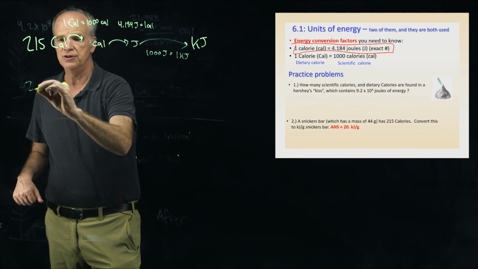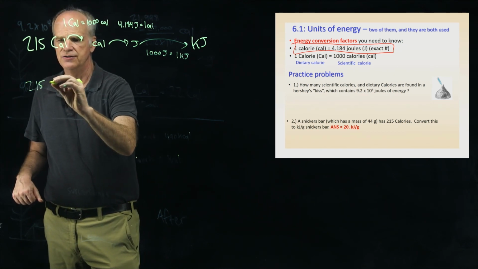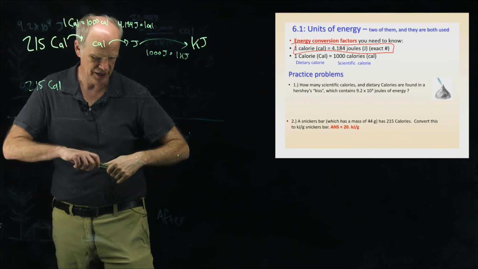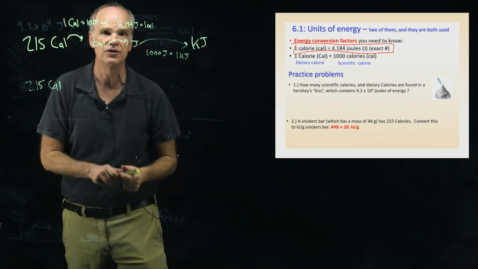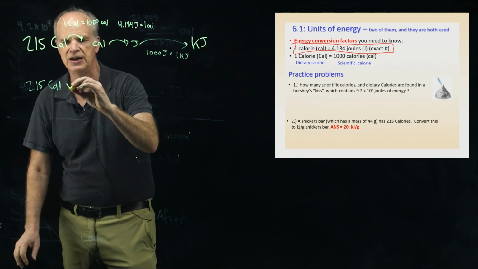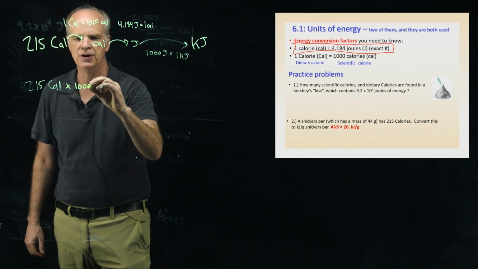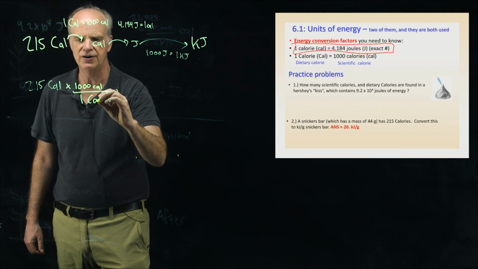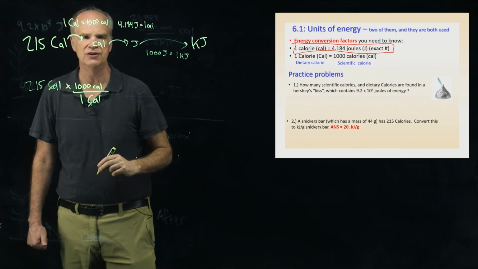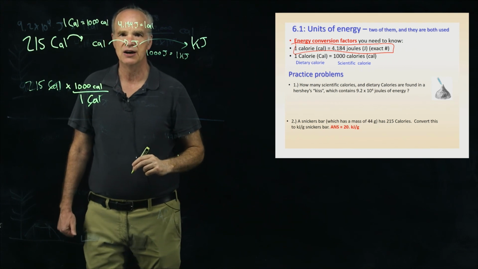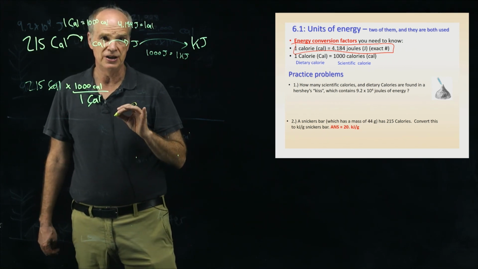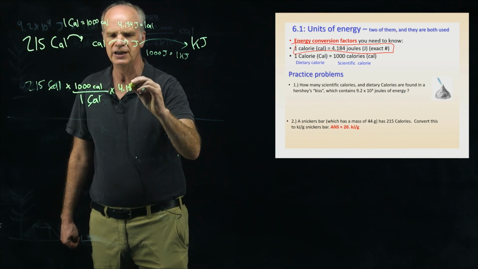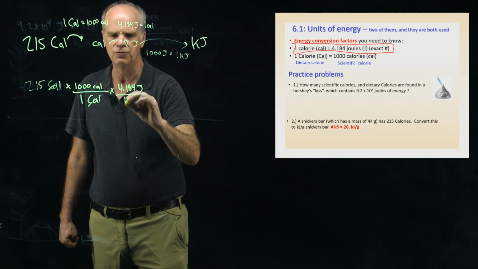So we get 215 dietary calories, and we're going to get this into regular calories. So I'm going to times 1,000 regular calories over 1 dietary calorie. You can see the dietary calories cancel out, and we're at regular calories. Now what I want to do is get regular calories into joules, so it's going to be times 4.184 joules over 1 regular calorie.